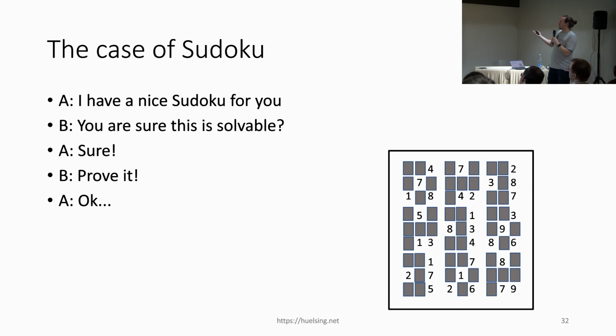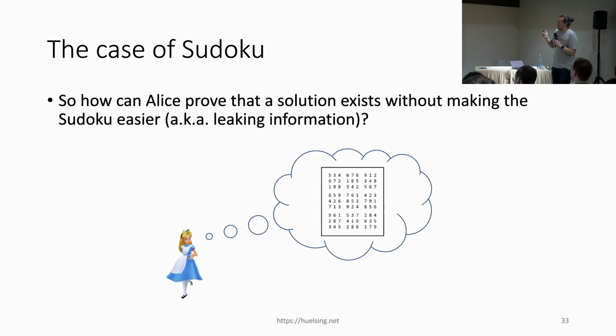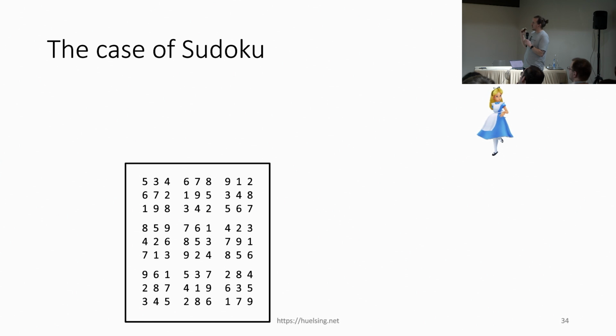so how can you prove that a Sudoku is solvable without actually leaking the solution? And this is something that you can do with these zero-knowledge proofs, and this works as follows. Let's say Alice wants to prove this, so Alice develops a Sudoku, which is solvable, and this one is actually consistent.